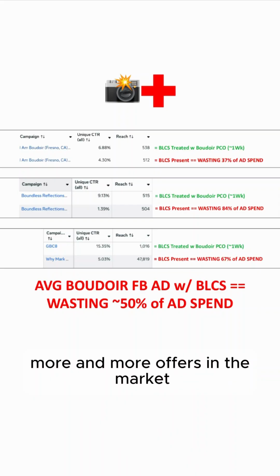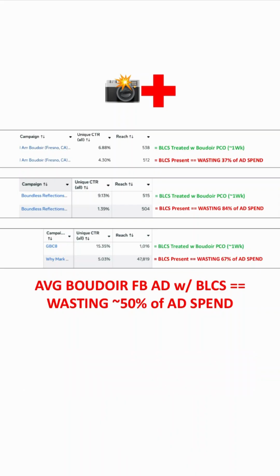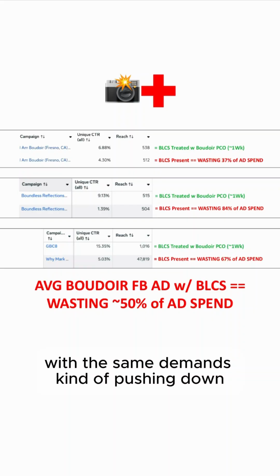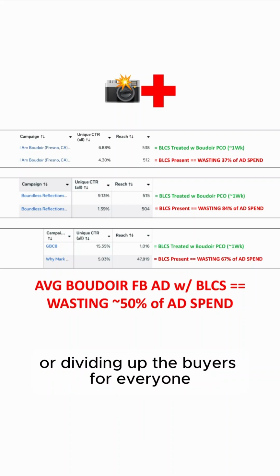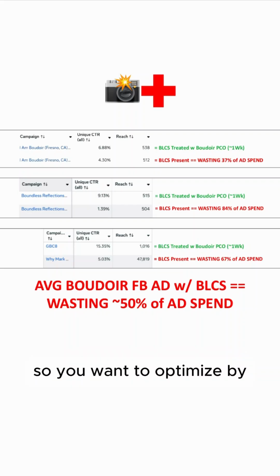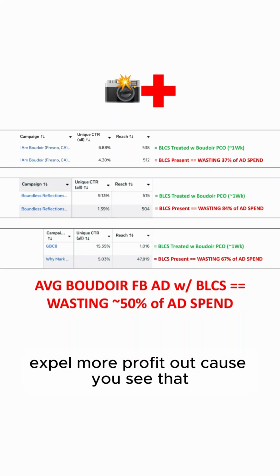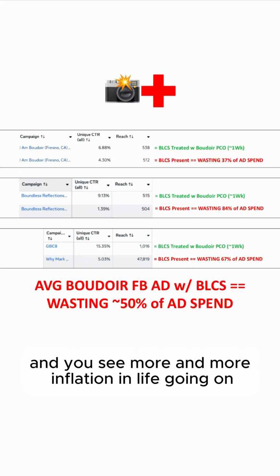So more and more offers in the market with the same demand, dividing up the buyers for everyone. So you want to squeeze more profit out, because you see that, and you see more and more inflation in life going on.